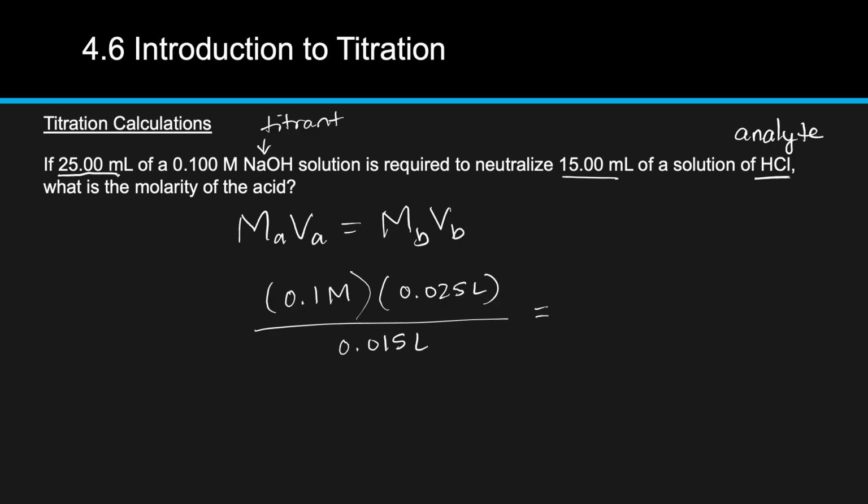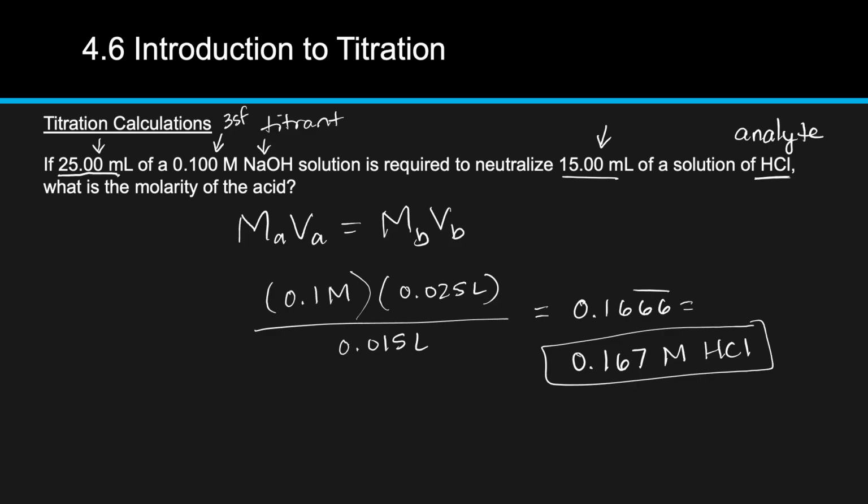And by calculating this, we will get our concentration of the acid. And then looking at sig figs, 25.00 is 4 sig figs, 0.100 is 3 sig figs, and 15.00 is 4 sig figs. So since our lowest amount of sig figs is 3, our answer needs to be in 3 sig figs. So that would be 0.167 concentration of HCl, and that would be our final answer.